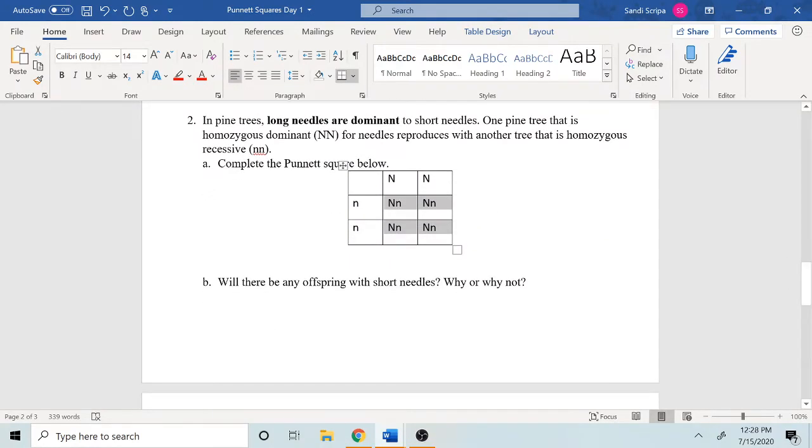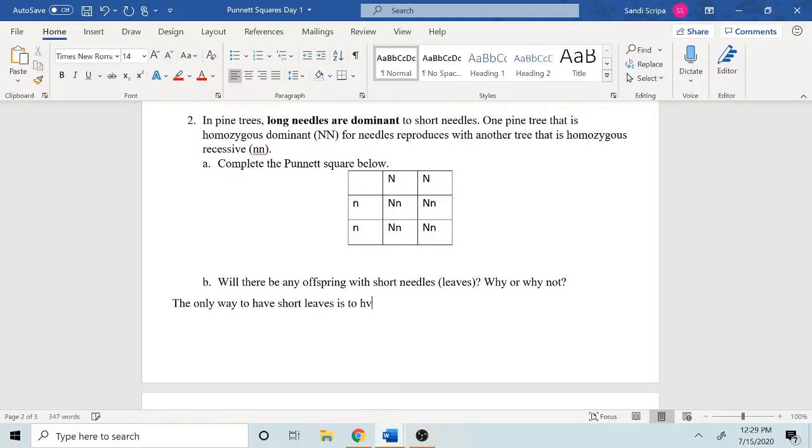So it's asking us, would any of the offspring have short needles or leaves? So the only way that we can have short needles or short leaves is to have little n in the babies. And that's because it is not a dominant trait.